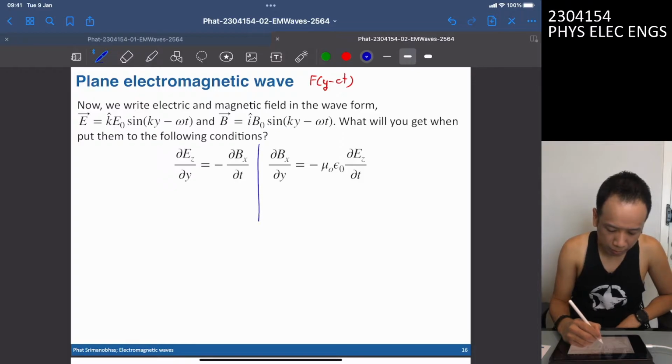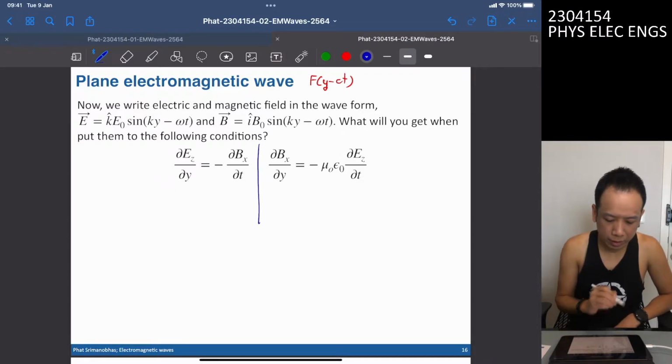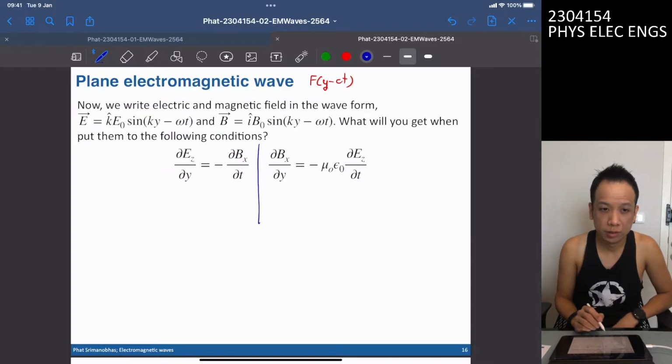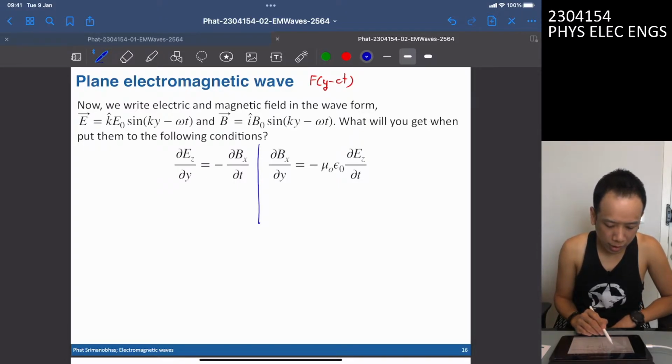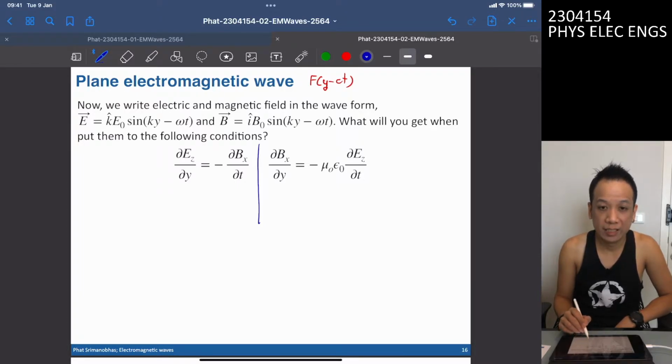So we put the waveform into the equations that we got before. The first one is dEz by dy equal to minus dBx by dt. And the second one is dBx by dy equal to minus mu 0 epsilon 0 dEz by dt.